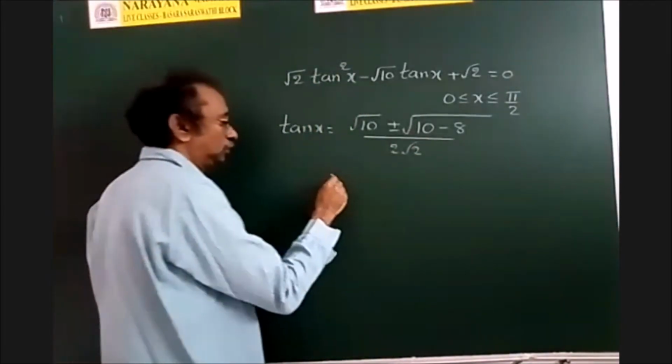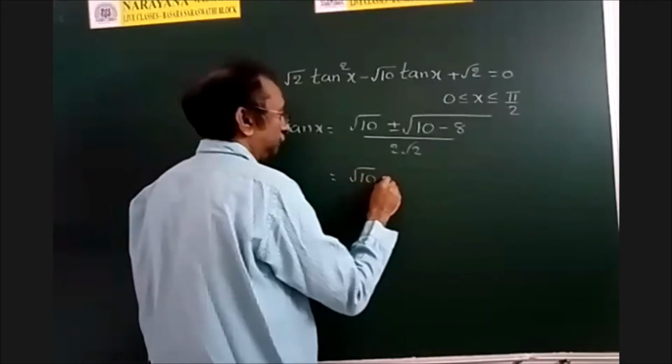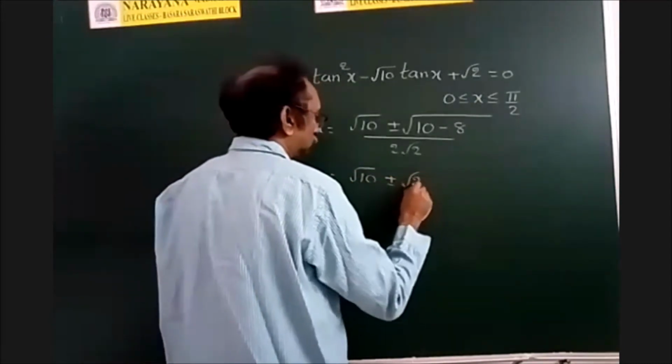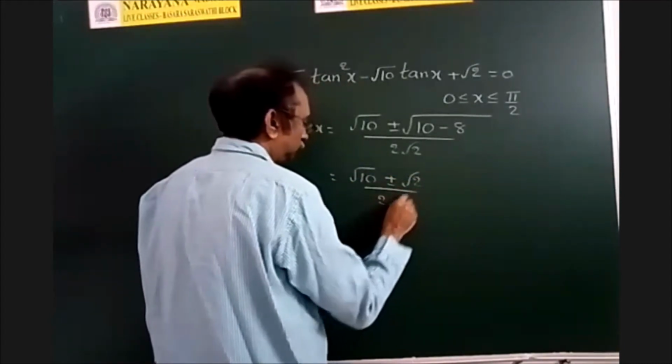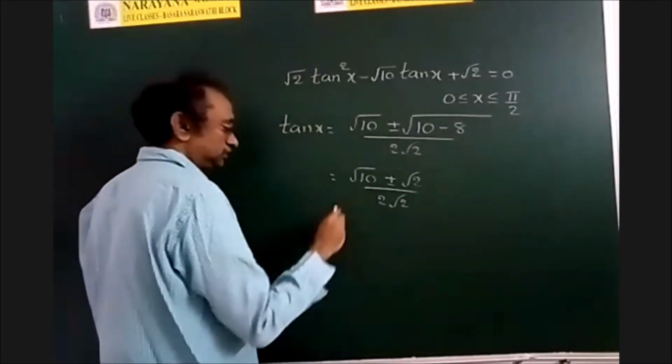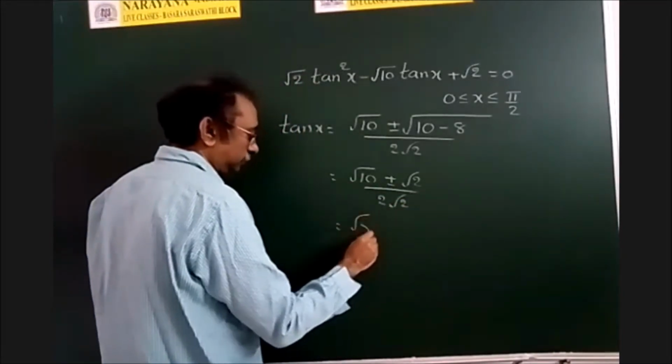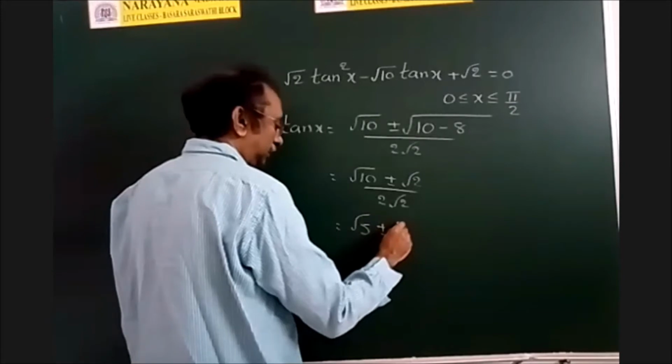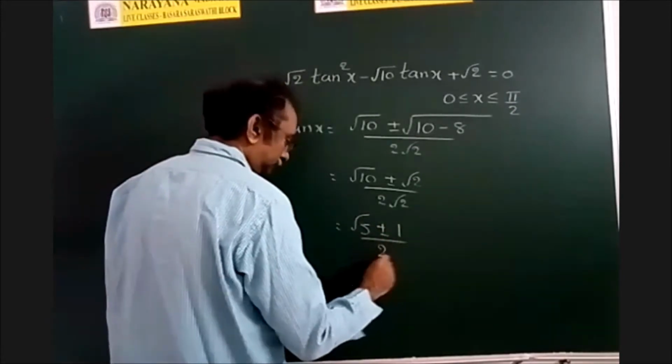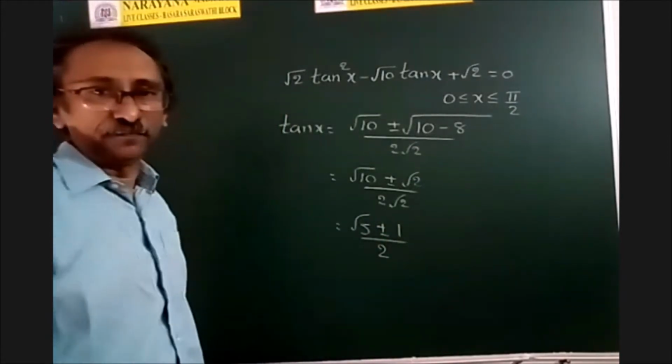So this is equal to root 10 plus or minus root 2 by 2 root 2. Now this is root 2 into root 5. Root 2 can be cancelled. So root 5 plus or minus 1 by 2.